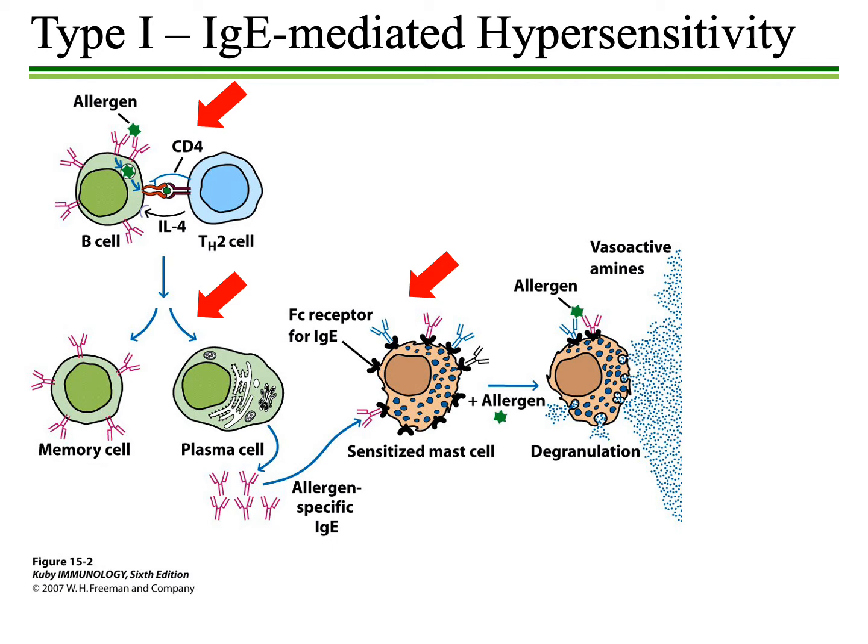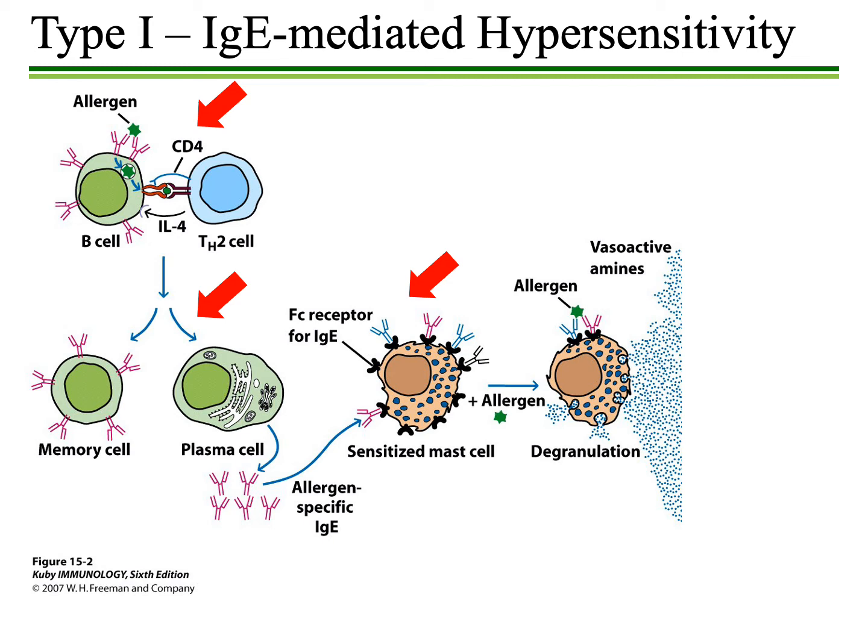What happens next is the IgE antibodies bind to IgE-specific Fc receptors on the surface of mast cells and basophils. Now you have a sensitized mast cell or a sensitized basophil. This is the very first exposure to the allergen. At this point, there is no release or degranulation. The degranulation event always occurs upon second exposure to that allergen.